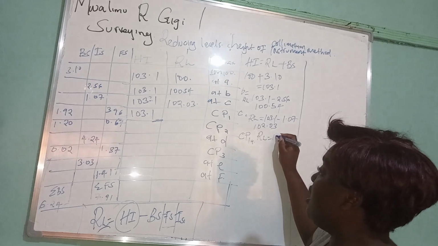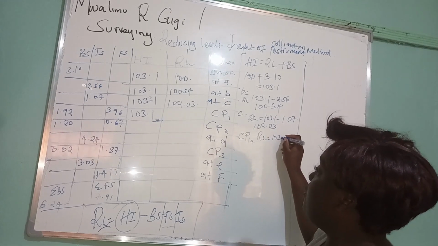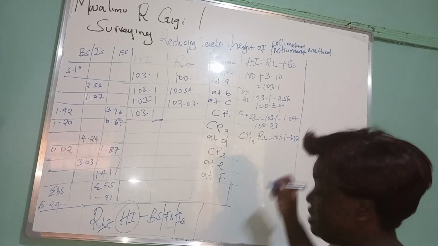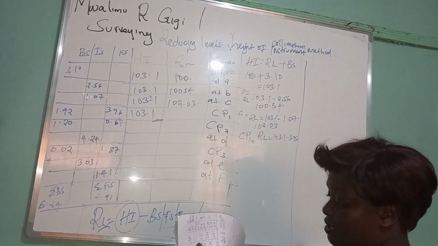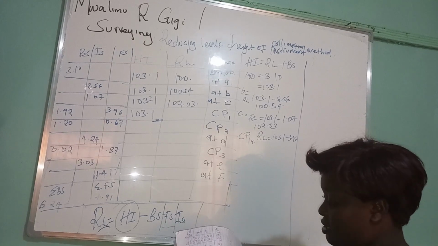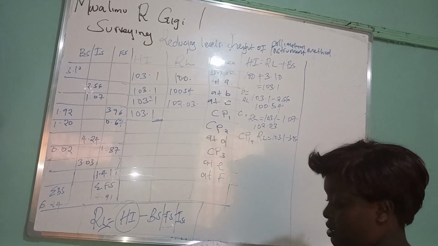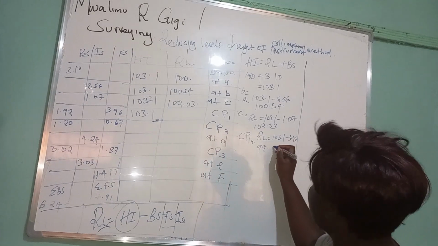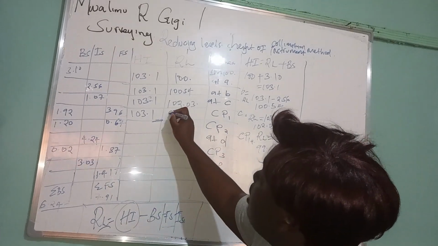So it is 103.1 minus 3.96, which is 99.14.